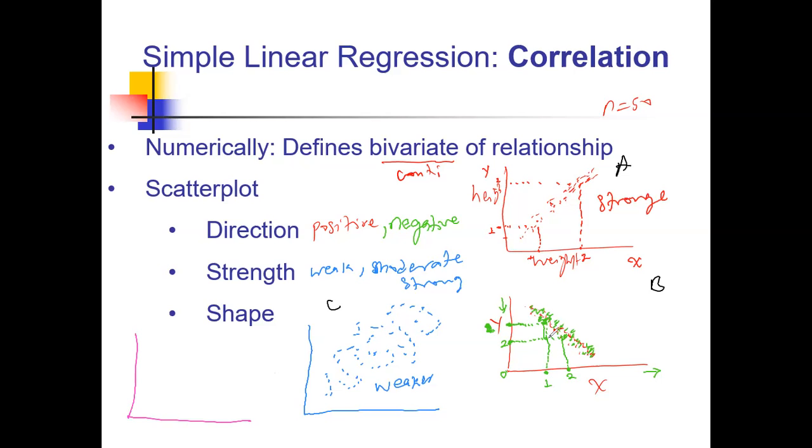Everything I've drawn here on the board is linear in shape, right? They are straight lines. You can put a straight line on A, a straight line on B, and a straight line on C. But imagine it's possible that you have a relationship, let me say, age and performance in a sports event. So it will go something like this. The younger the person is, the chances are that the performance is higher.